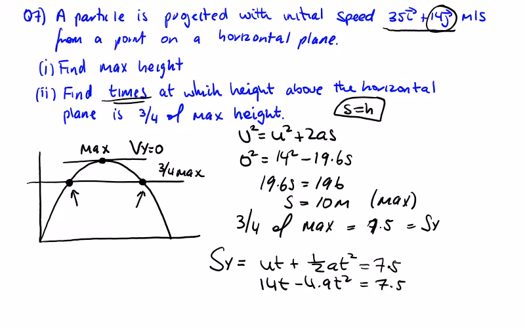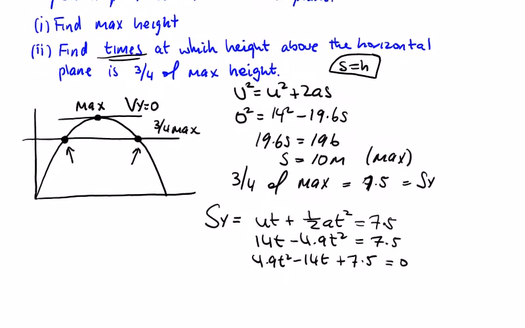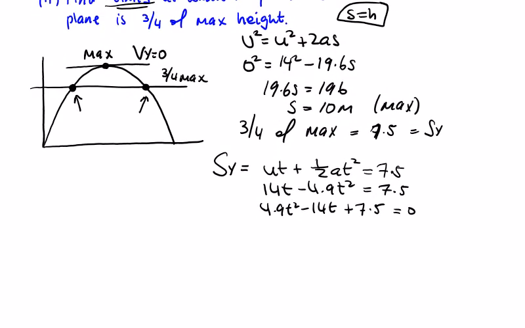So if I bring the 7.5 to the right, I'm going to get 4.9t squared minus 14t plus 7.5 is equal to 0. So if I multiply by 10, there's a factorized 49t squared minus 140t plus 75 equals 0. So I have a minus and a plus, so they both have to be minuses. And it's probably 7t by 7t if it factorizes.